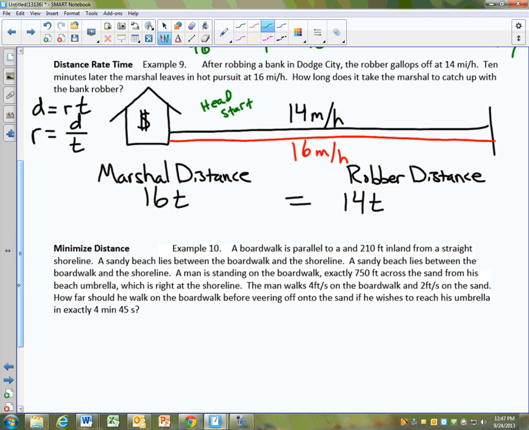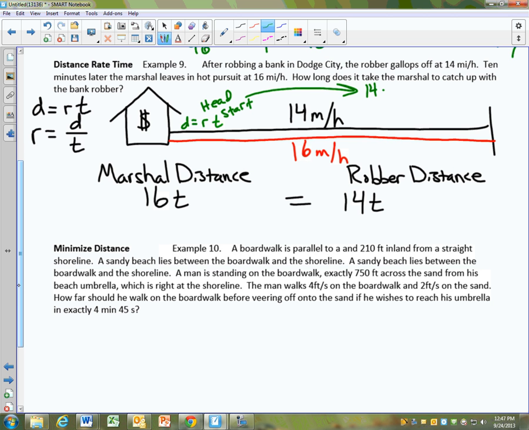His head start is a certain distance, right? And we said that distance is equal to rate times time. So let's figure out what that head start is. What is the rate of the robber? 14 times, how much time has he been galloping for, or running off for? 10 minutes.